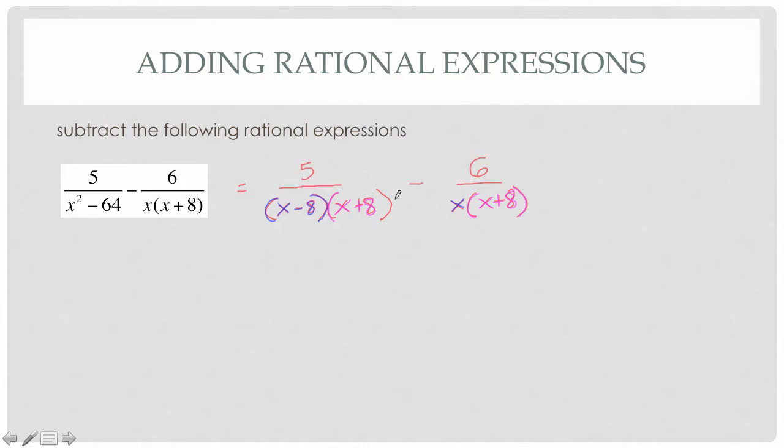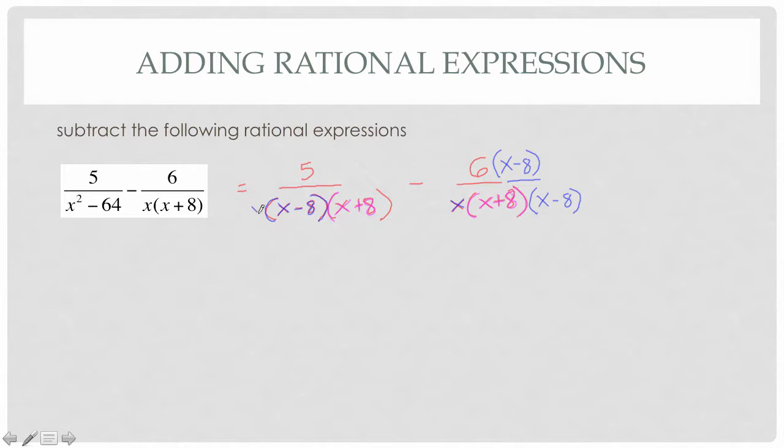So if I want to make them the same, I need to multiply this fraction here by x minus 8 on the bottom and the top, numerator and denominator. And I need this factor of x to appear over here.